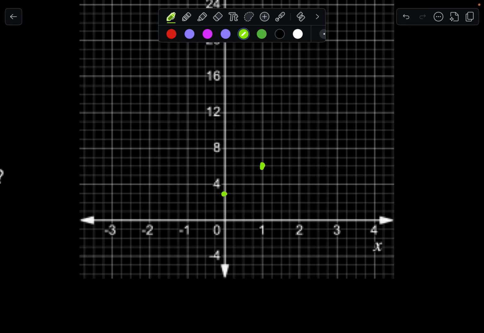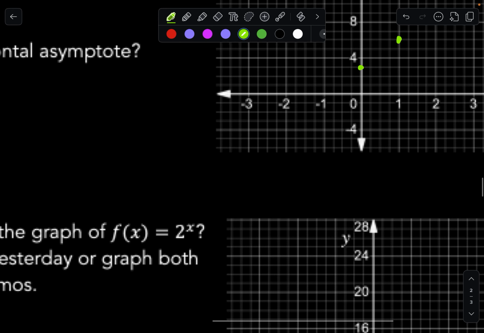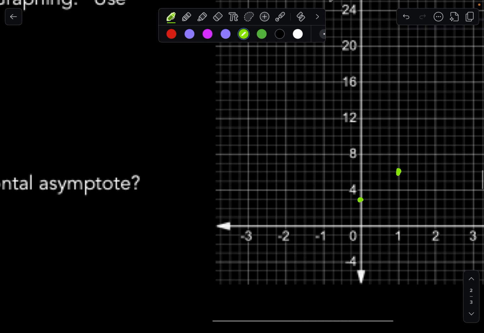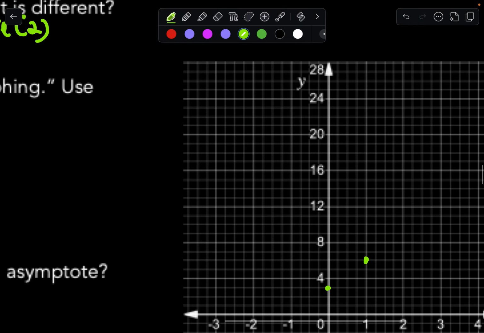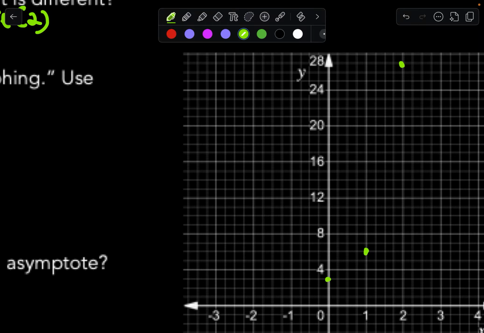When x is 2, that'll be 2 squared, which is 4, times 3 is 12. And when we're at -1, it will be 3 times 1/2, which is 1.5.